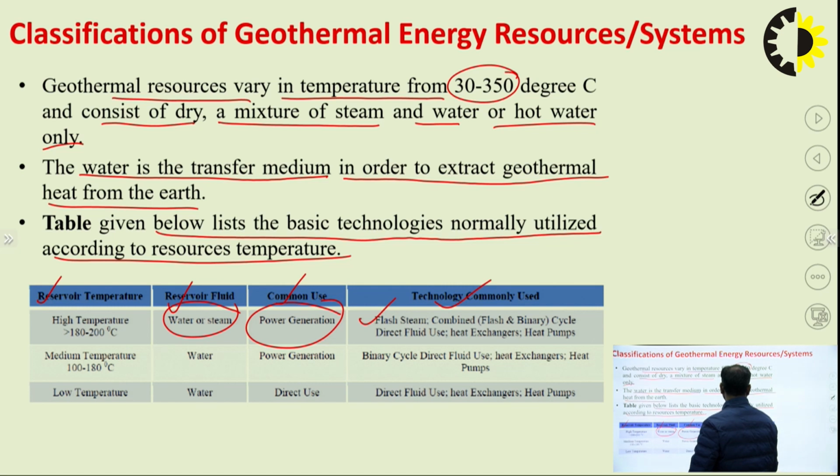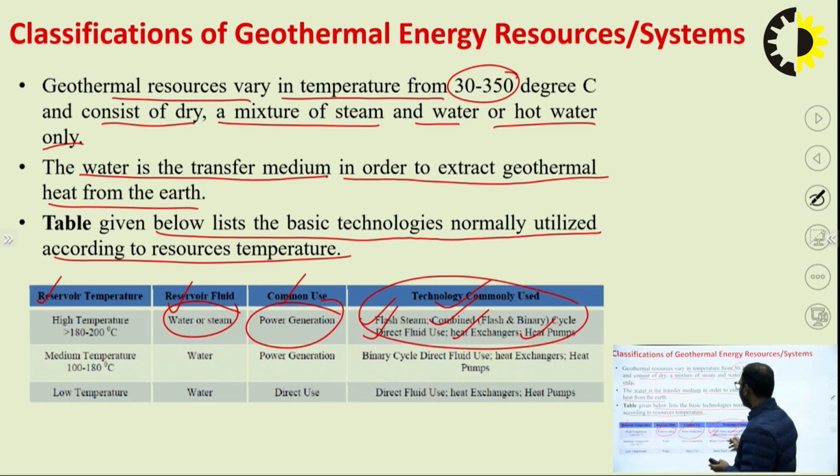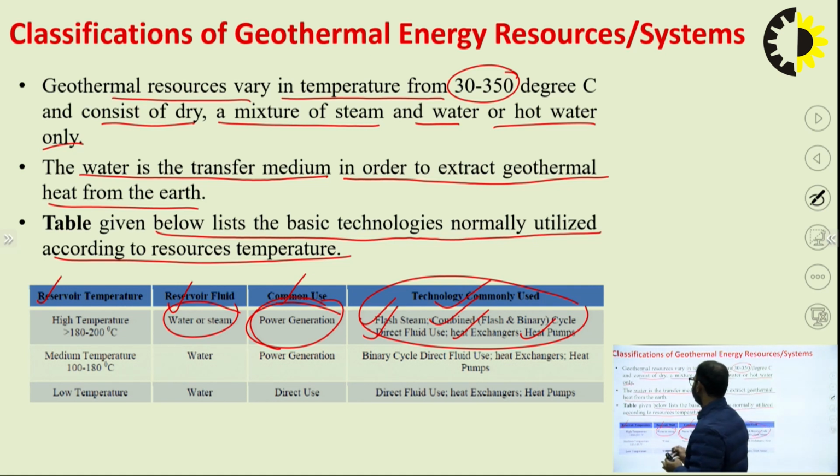Flash steam, combined cycle, which means flash and binary cycle, then direct fluid use, heat exchangers and heat pumps. So these are the technologies commonly used for power generation when the reservoir temperature is greater than 180 to 200 degrees Celsius.